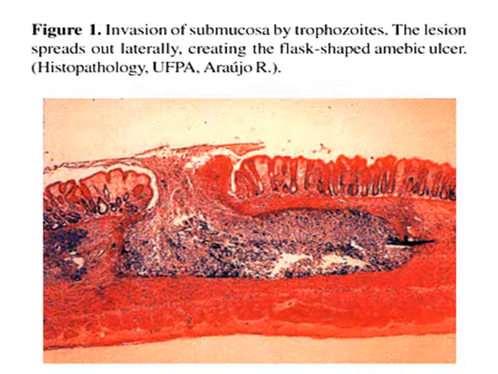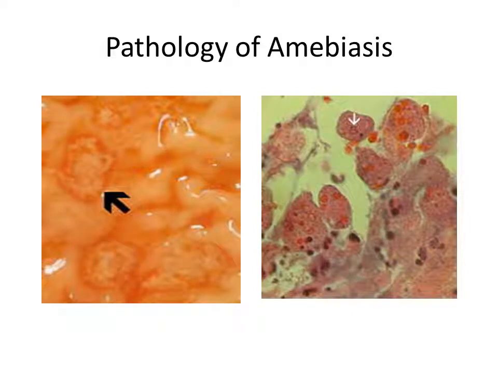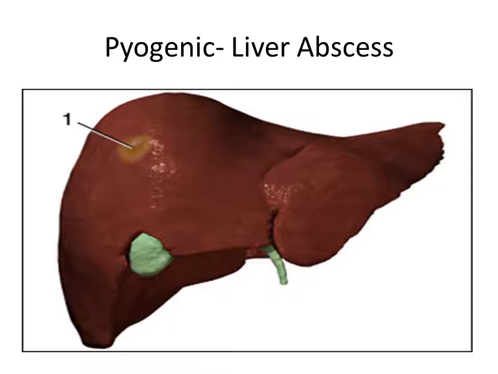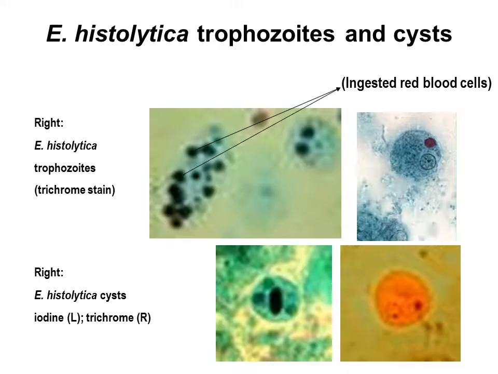The lesion spreads out laterally, creating the flask-shaped amoebic ulcer. These pictures show the pathology of amebiasis in the tissue, and this is an abscess in the liver in extra-intestinal amebiasis. And these pictures show the trophozoites and cysts of Entamoeba histolytica.